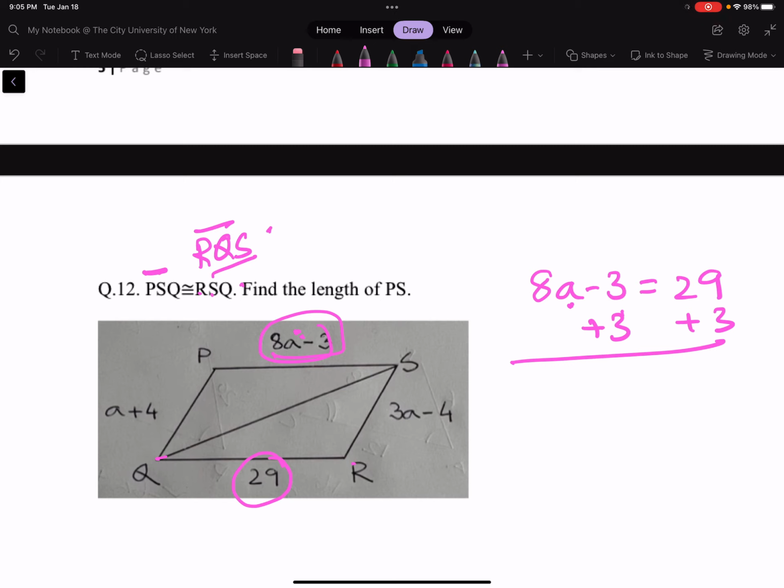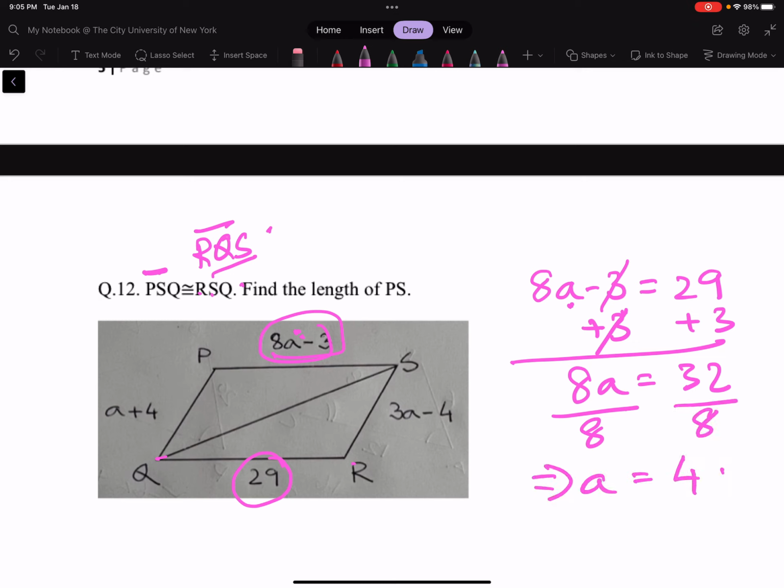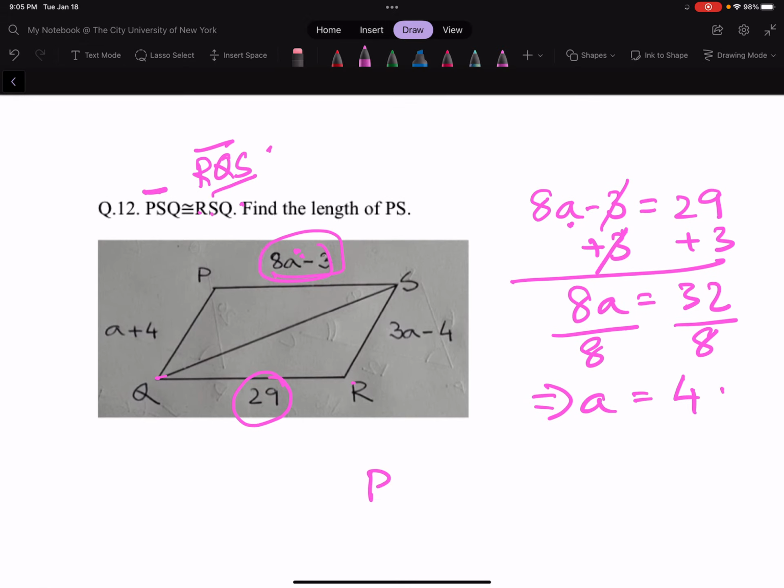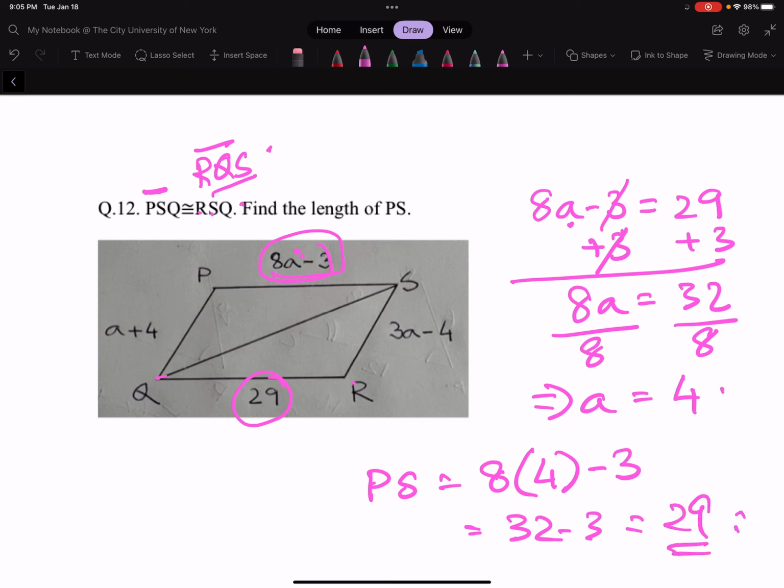So we add positive 3, so it cancels out. 8A is 32. We divide by 8, divide by 8, you get A as 4, right? So now for PS, you plug in the value of A as 4. So you get 32 minus 3, it comes to 29. So you say 29, okay? Though it looks like this, it might not always be, okay? So however, you should do it this way.